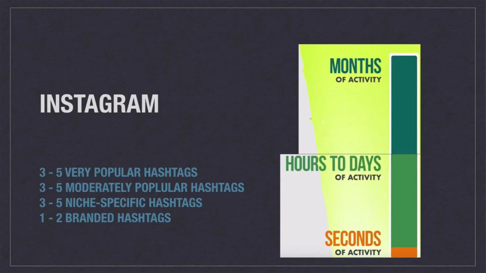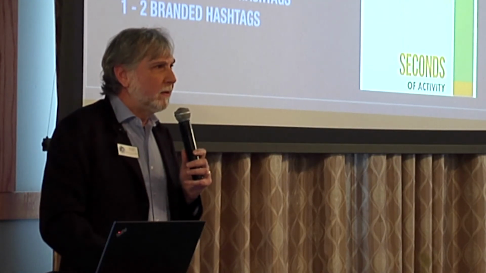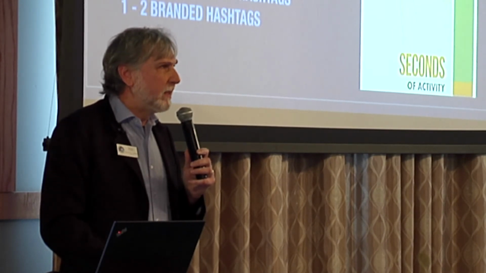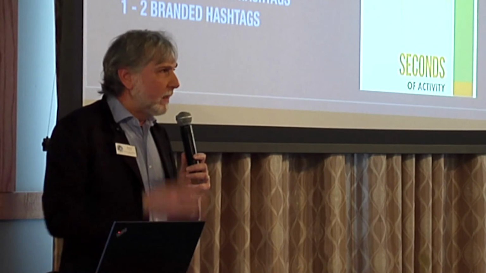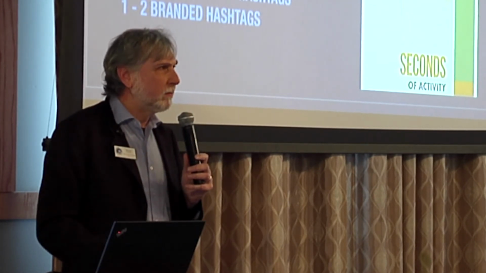And the ones that are niche specific or branded are going to get months because they're not really that popular. So with the top uses, you may only get maybe 40 views or 40 interactions on that video, but because it's so specific, it's going to show up as most popular or top search results.